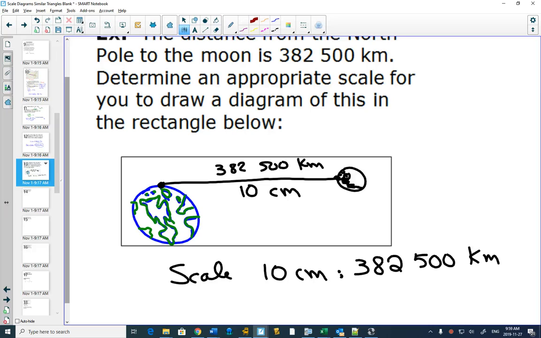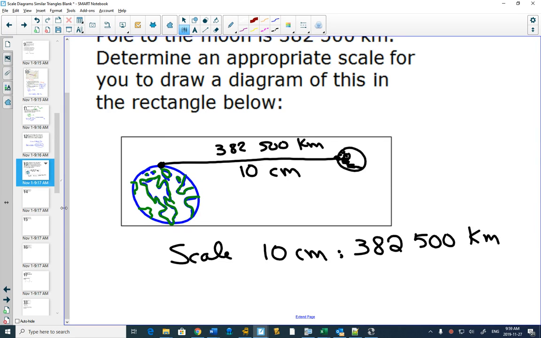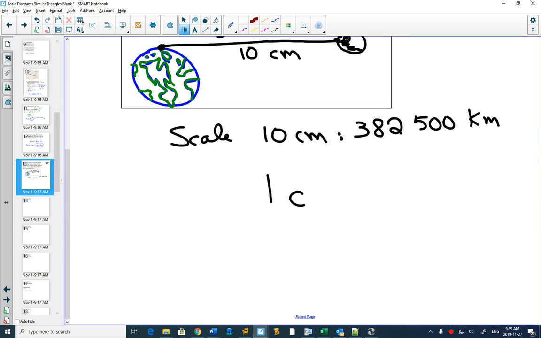Now, usually when we set up a scale, our scale is reduced to start with 1 centimeter. If 10 centimeters is this, what math needs to be done to go from here to here, and then also we'll have to do the same thing on this side?